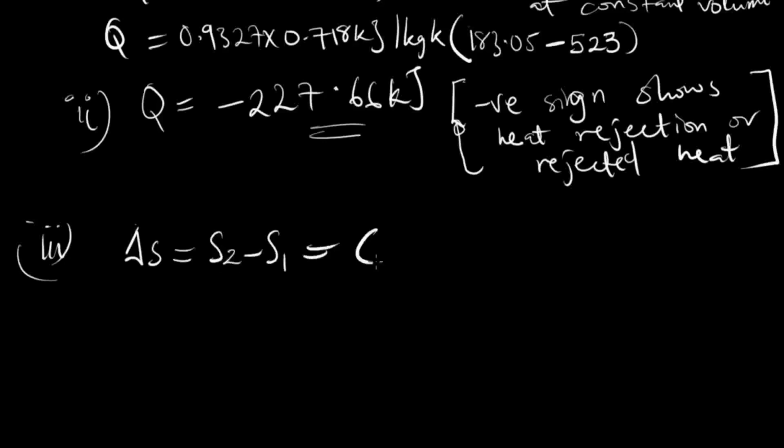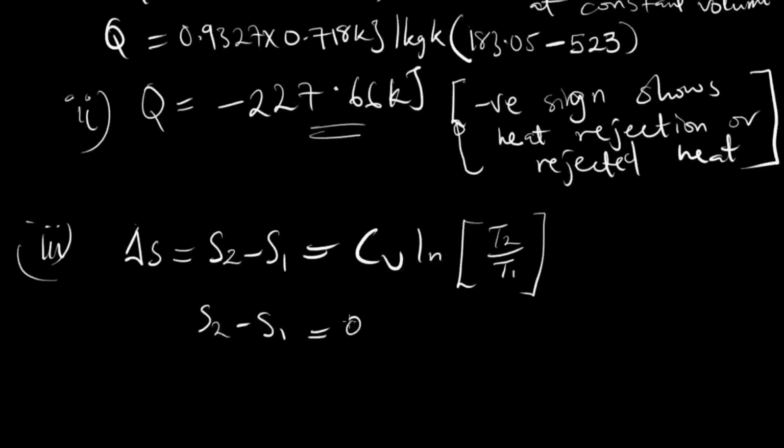The formula is Cv ln T2 over T1. You know what Cv is. We have all our temperatures, so we can just input them: ln of T2, which is 183.05, all over 523.